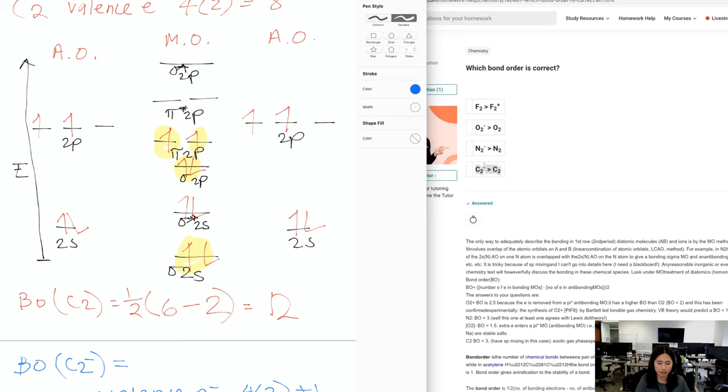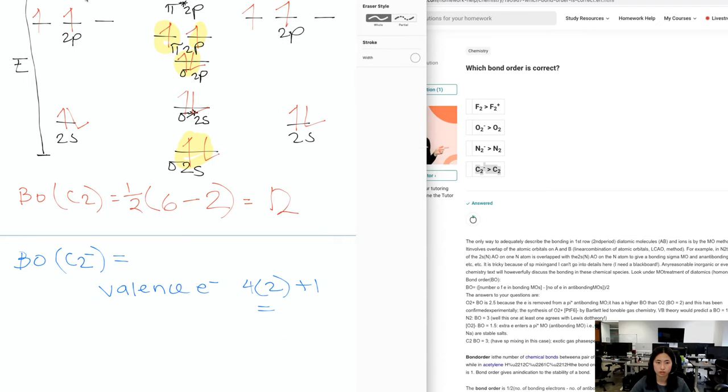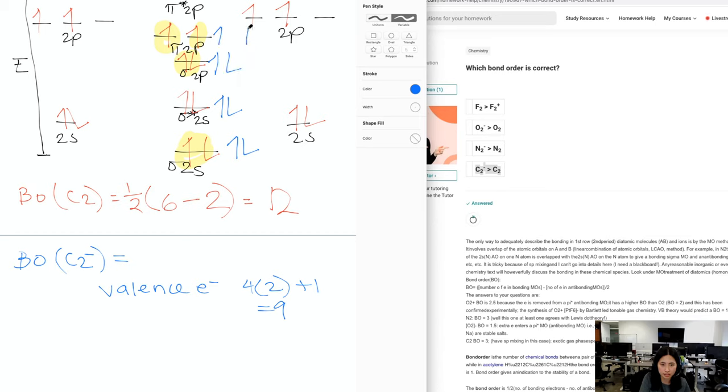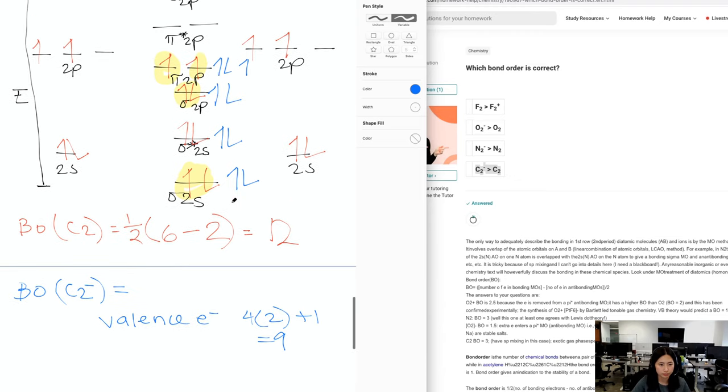So that's 9. If you have 9 in total for valence electrons, that means you need to fill this with 9 electrons. So 1, 2, 3, 4, 5, 6, 7, 8, 9. So you stop here.